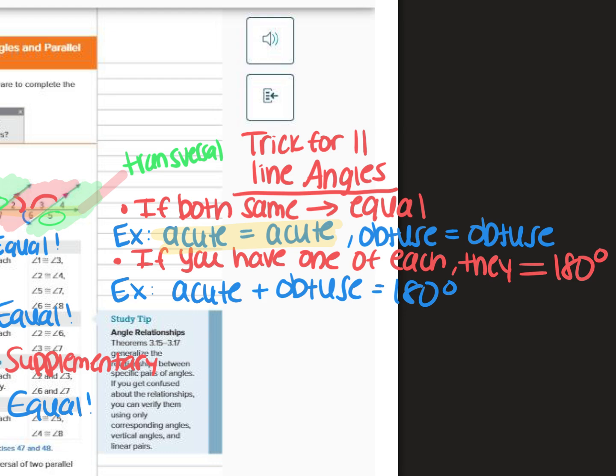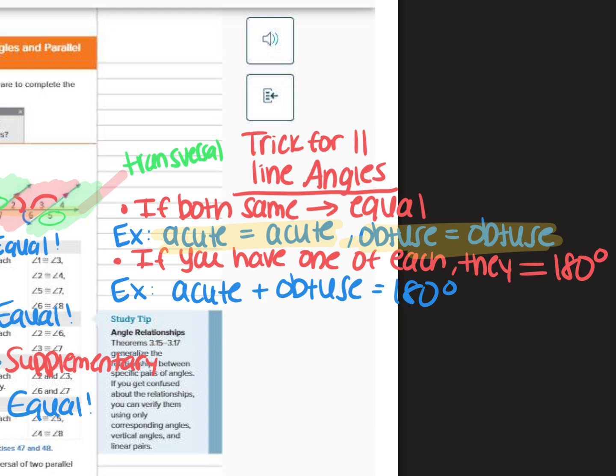Same thing with my obtuse angles. I may not know exactly what they are, but because they are both obtuse, I know that they should be equal. Okay, and we're going to see in some next questions how that can be useful in solving for variables, but just keep that in mind.